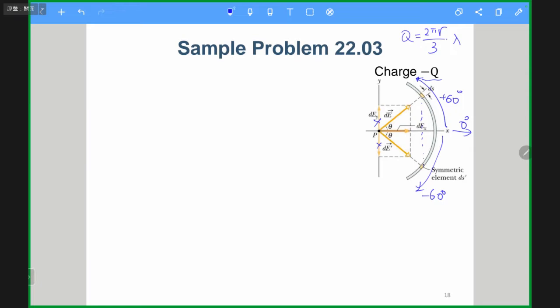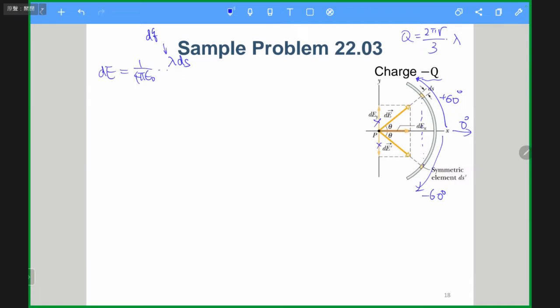So here, dE will be 1 over 4 pi epsilon naught, this is k, nothing special, times lambda times ds, because dq is nothing but lambda times ds. Lambda is the linear charge density times the length of the small packet.